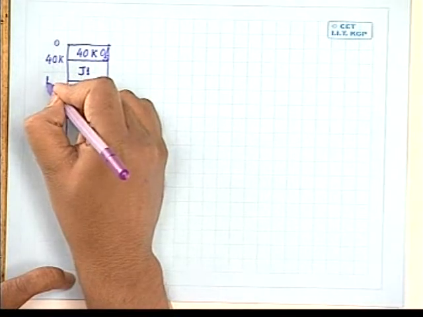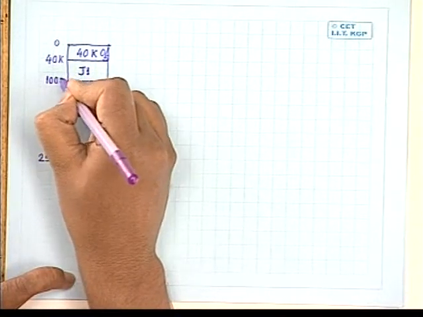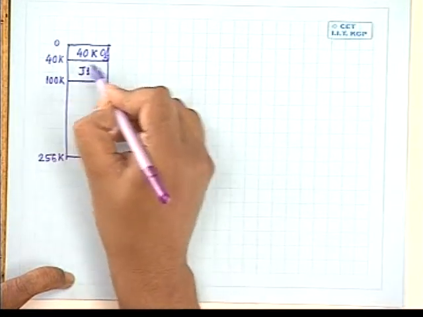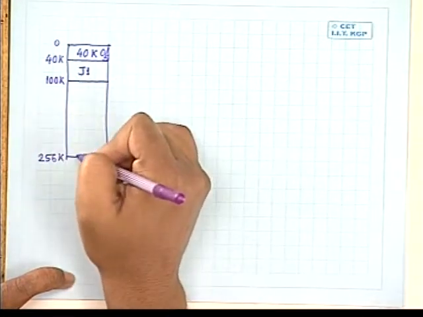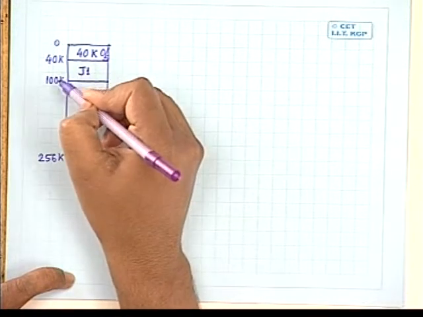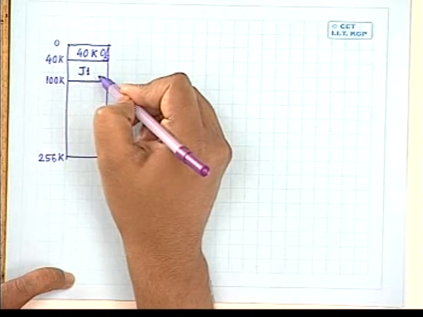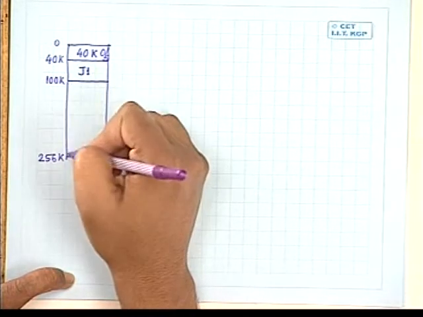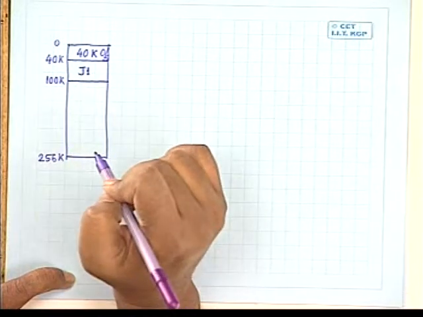Here the boundary will be 40 plus 60, that is 100K. So I had a single user partition which I have divided into two: one partition of 60K given to job J1, and the other partition of 156K remaining as a free partition.